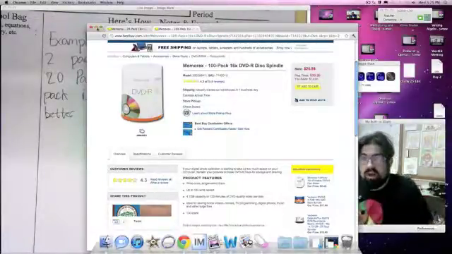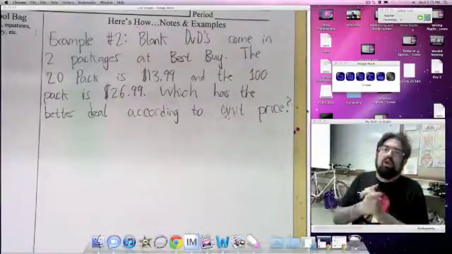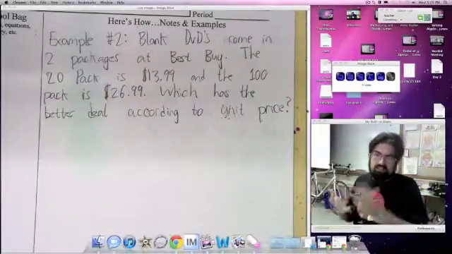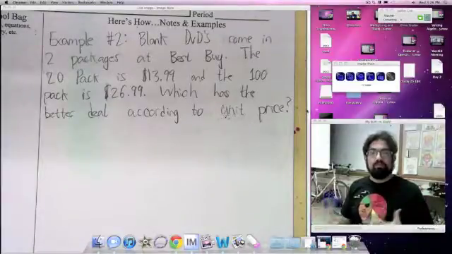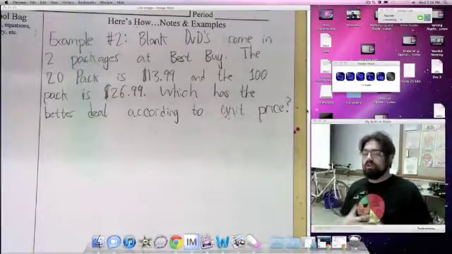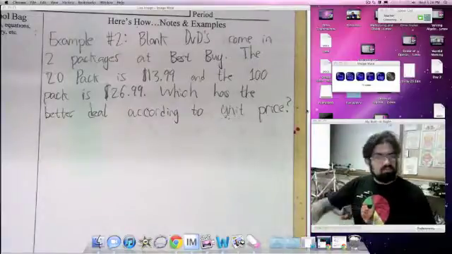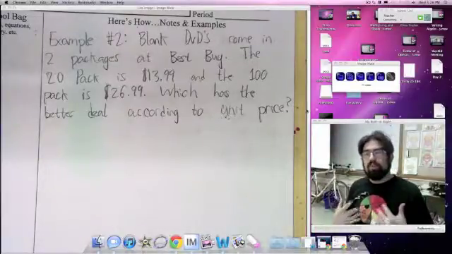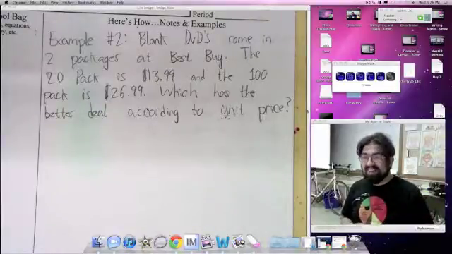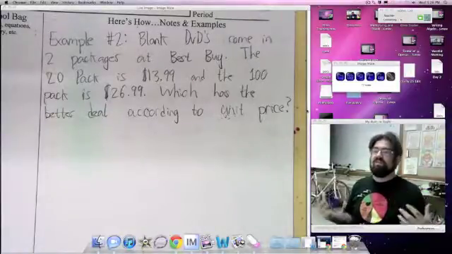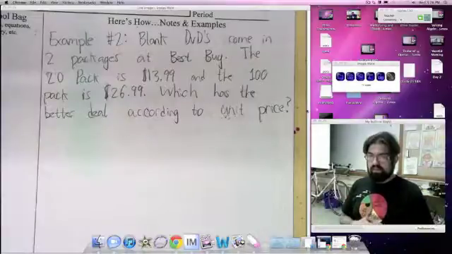You can look these up right now. So which one's the better deal? According to the unit price, is the 20 pack for $13.99 better, or is the 100 pack for $26.99 better? So let's think about it.